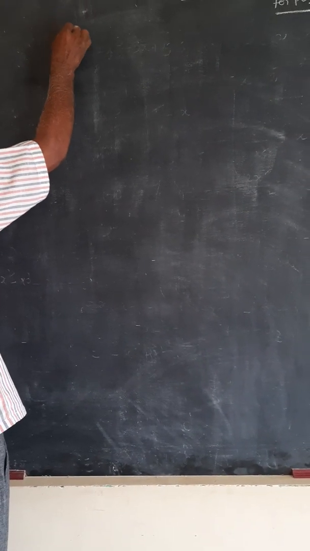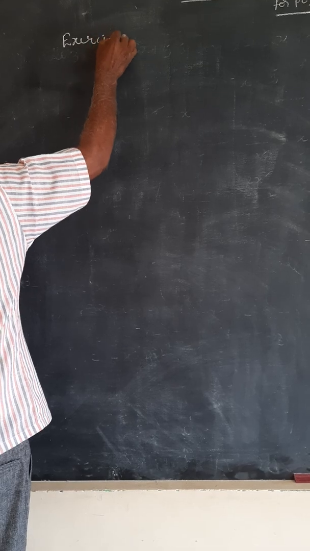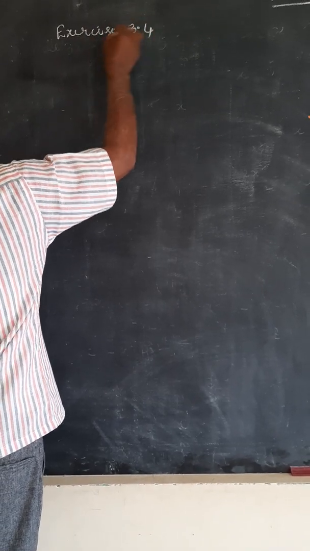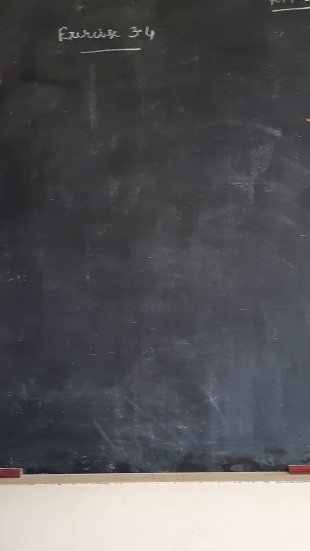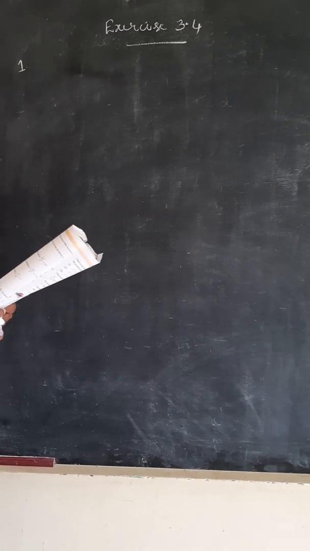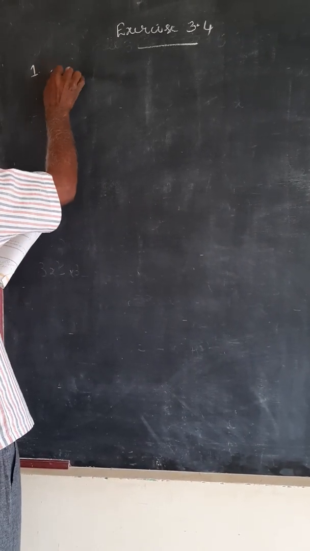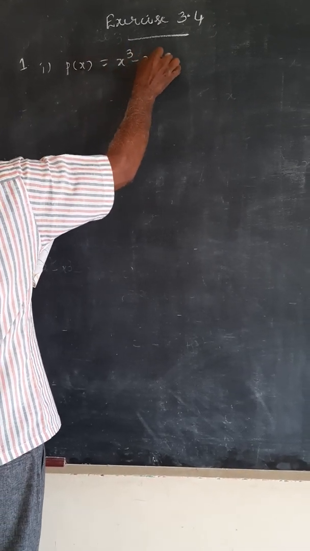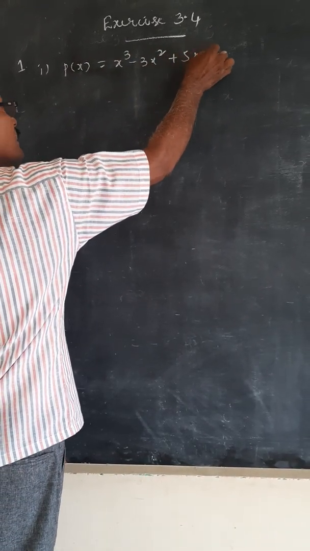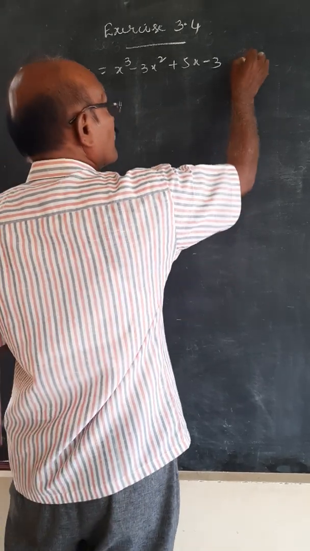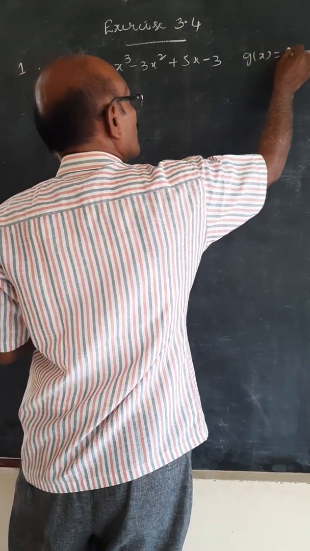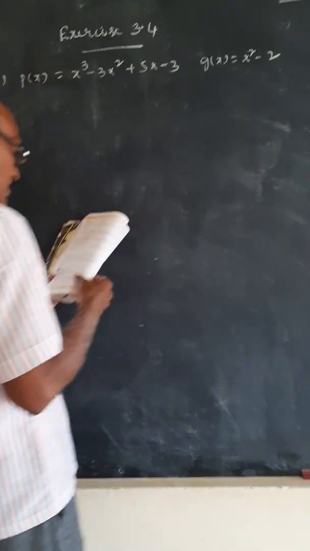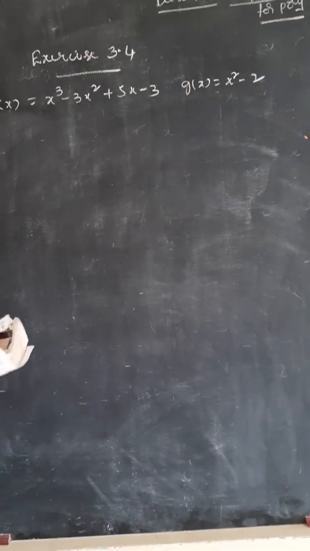Exercise 3.4. First bit. Divide the polynomial p(x), x cube minus 3x square plus 5x minus 3, with g(x) equal to x square minus 2, and find the quotient and the remainder.